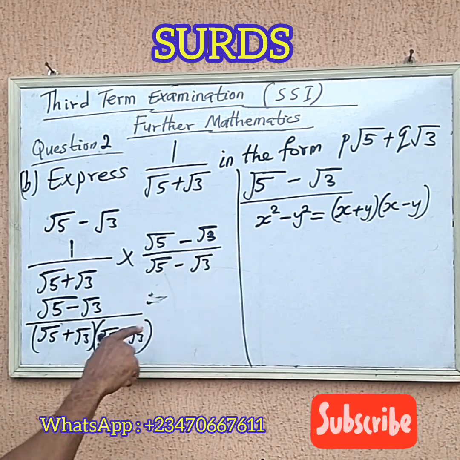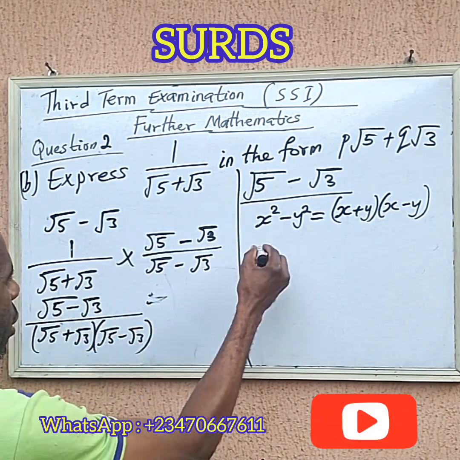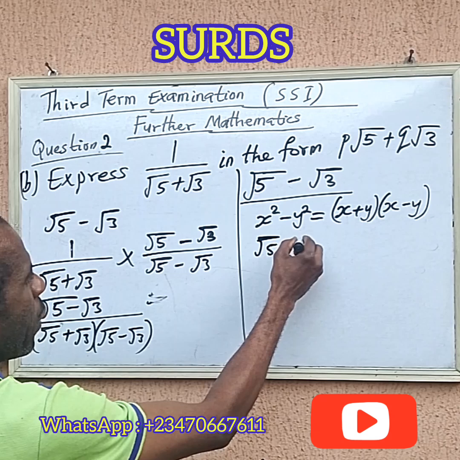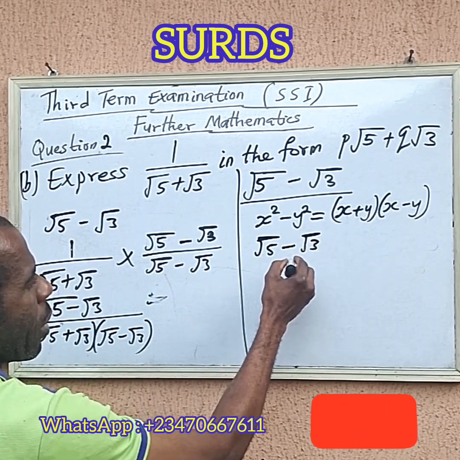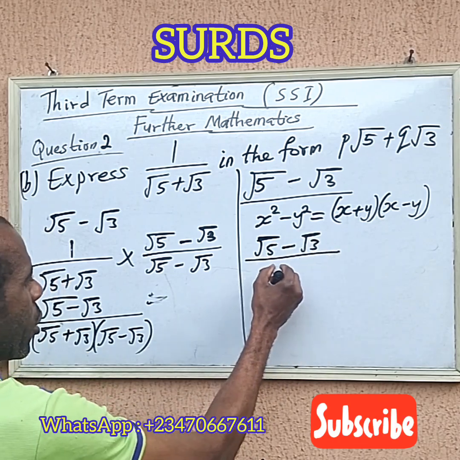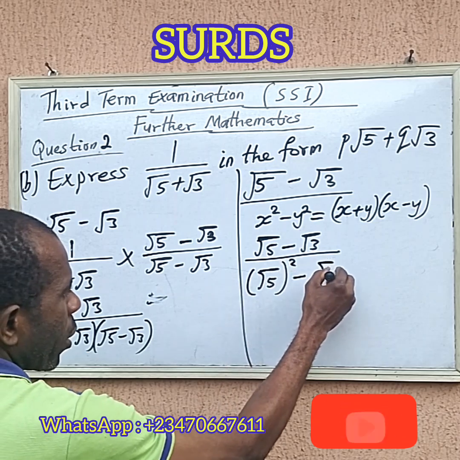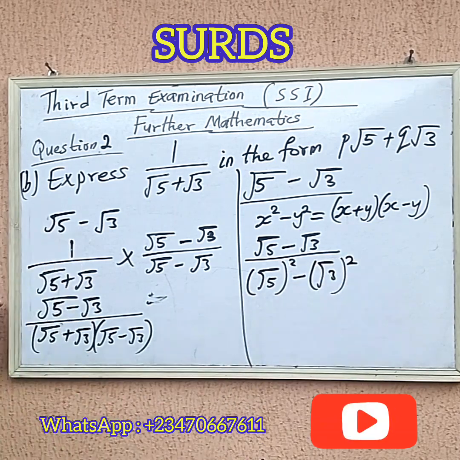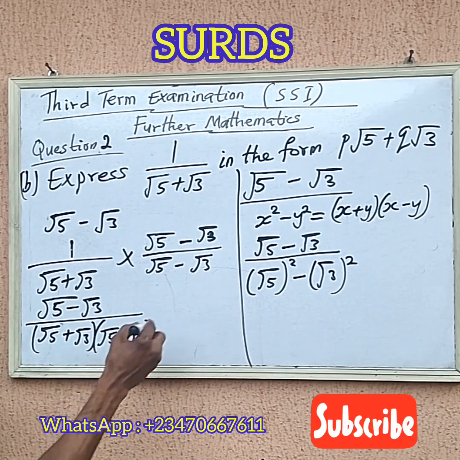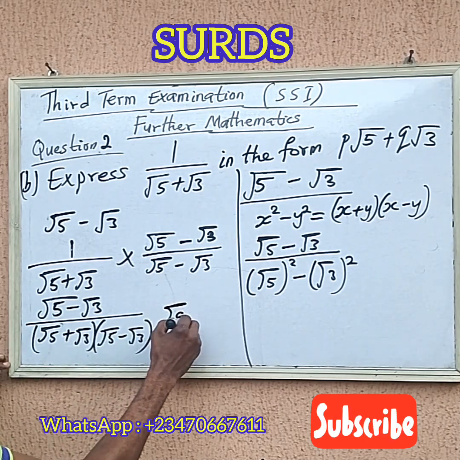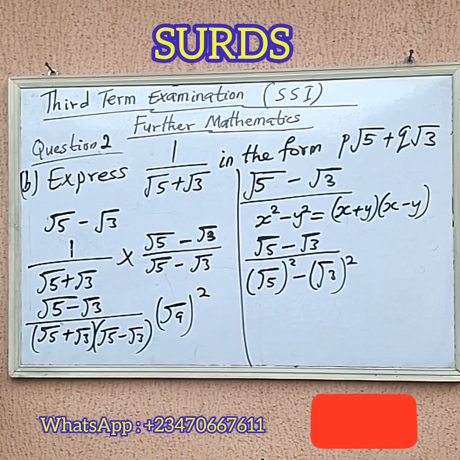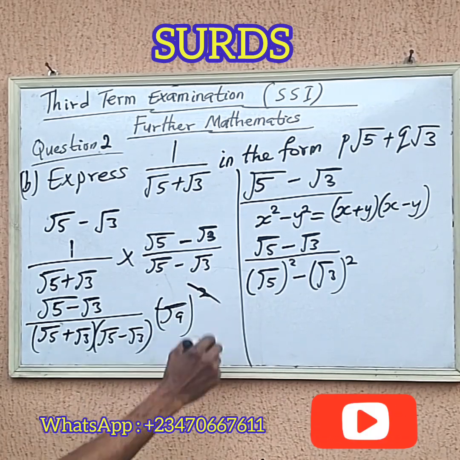Now, in that case, I am going to rewrite my equation like this: square root of 5 minus square root of 3 all over the square root of 5, all squared, minus square root of 3 all squared. And remember, in mathematics, if I have square root of a and take the square outside again, this will cancel out the square roots.